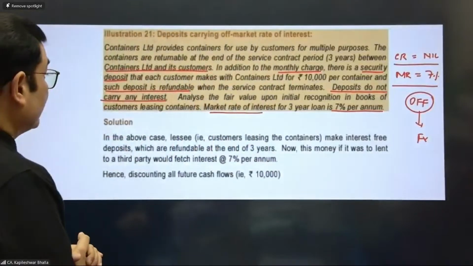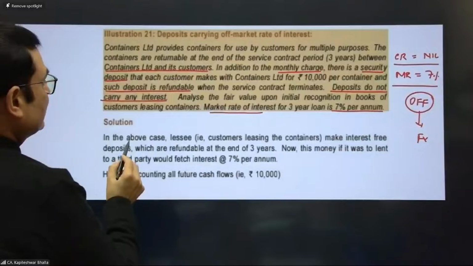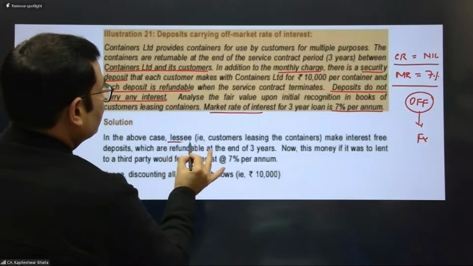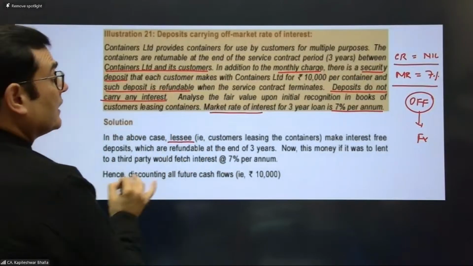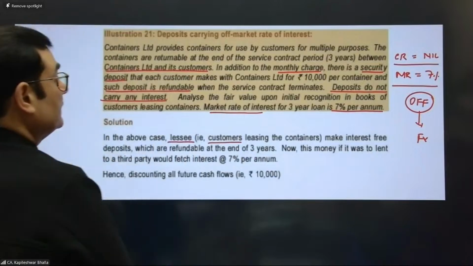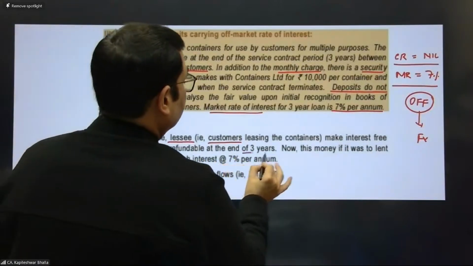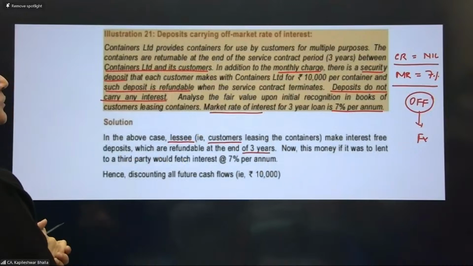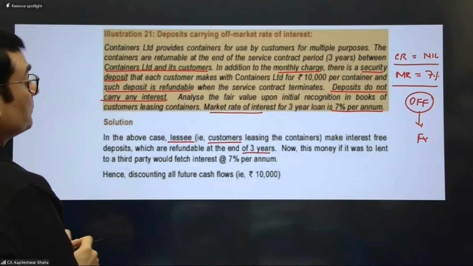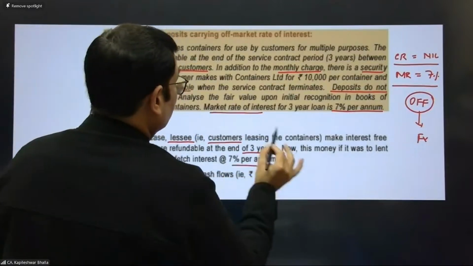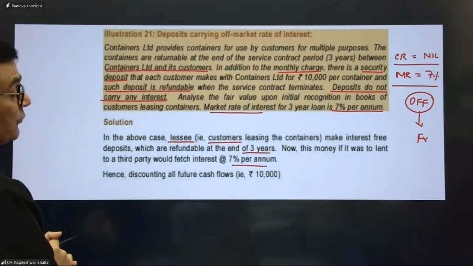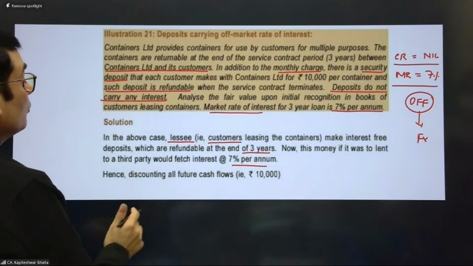So let's have a look at the inputs given. It says in the above case, the lessee, that is the customer leasing the container, makes an interest-free deposit which is refundable at the end of 3 years. Now, this money, if it was lent to a third party, would fetch an interest of 7%. Therefore, to calculate a fair value, what do you need to do?